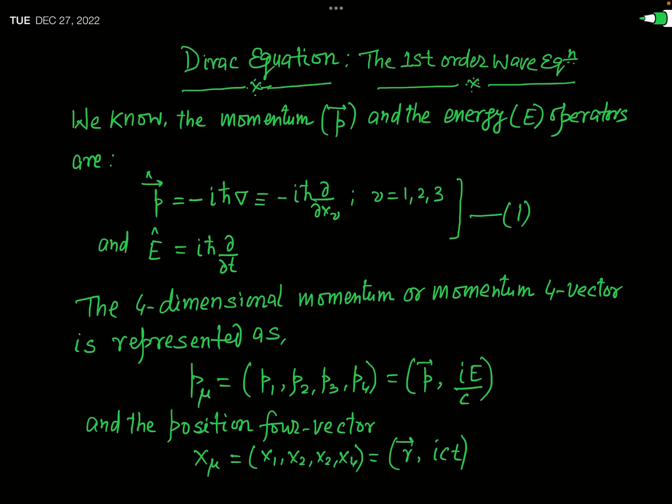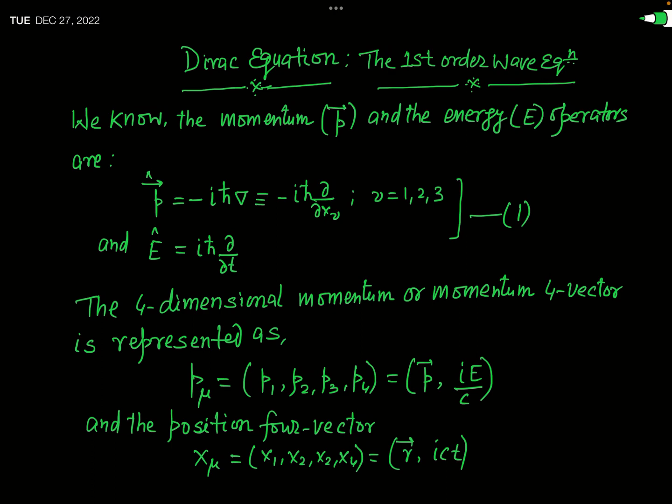You know that there was a very important difficulty with the Klein-Gordon equation: it was not Lorentz invariant, because in that equation the space and time derivatives were not of the same order, and the Hamiltonian was not a linear function of the momentum and energy.